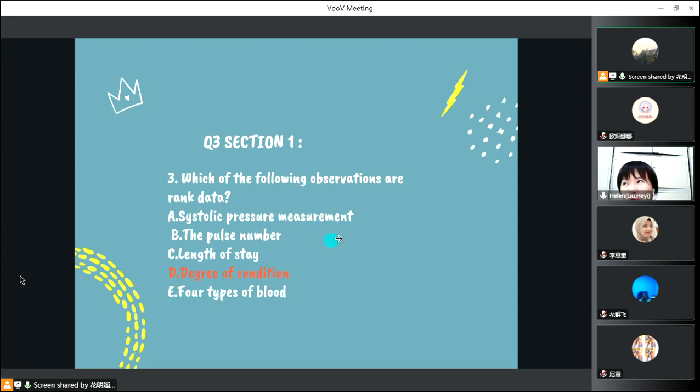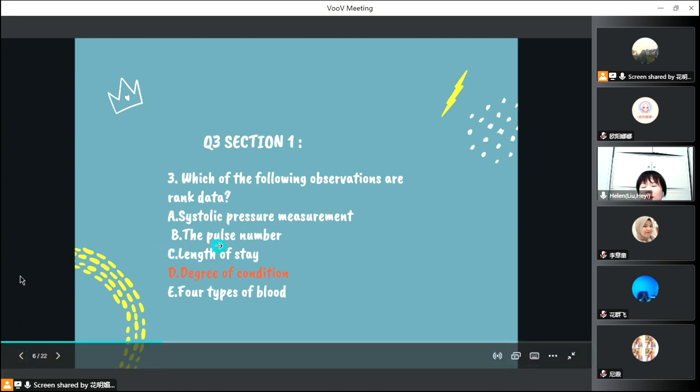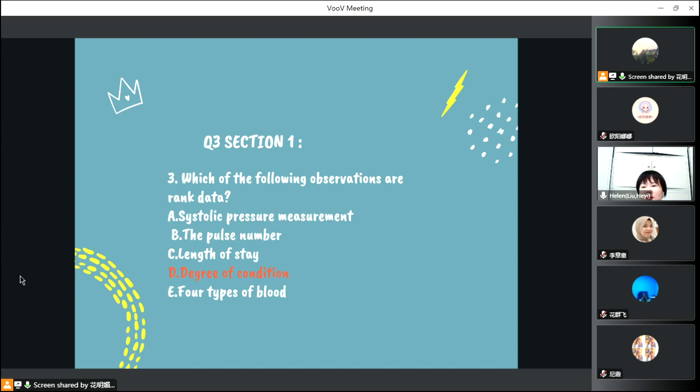Yes, very good, because it has a unit and we can measure it. So the second one, the parse number. I think it's also quantitative data. Yeah, very good.